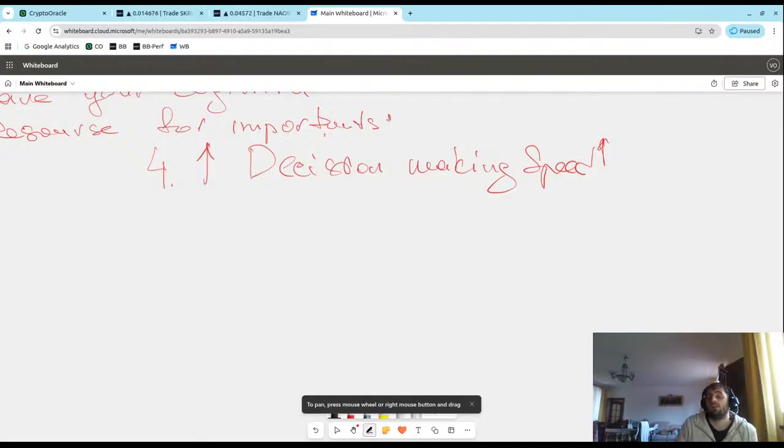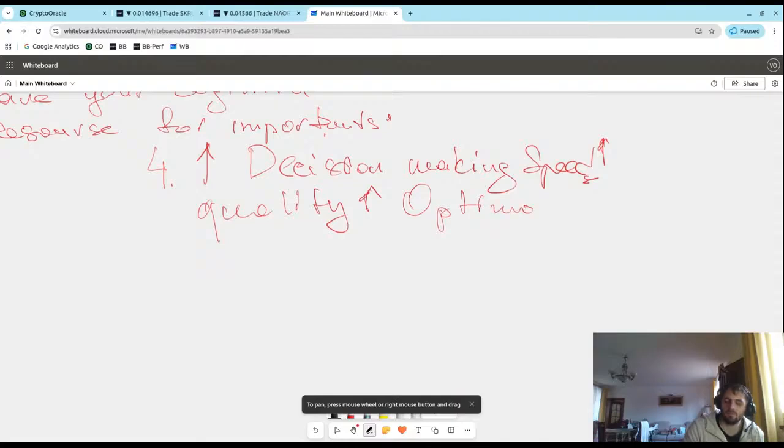For that, the frontal cortex has to be well rested, tuned, and decision making speed and quality increase. Quality also goes up. I'm going to be giving plenty of definitions later, regarding different topics. This is the optimization effect.